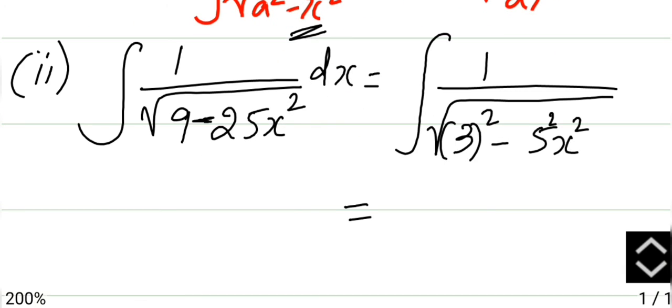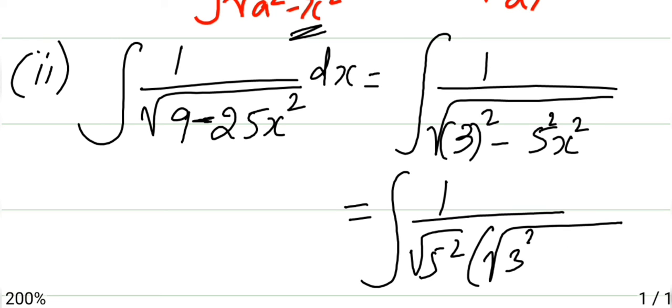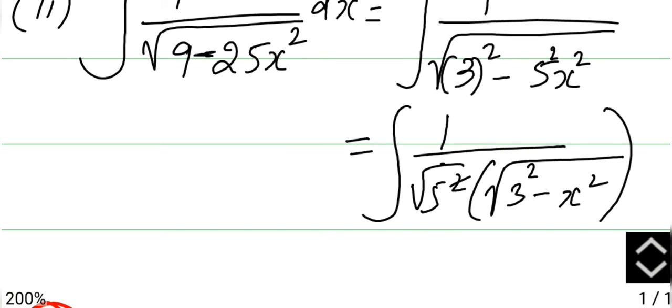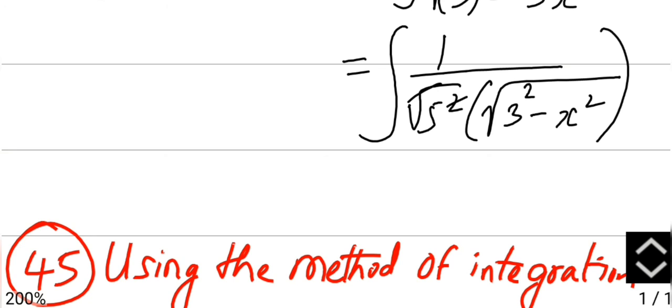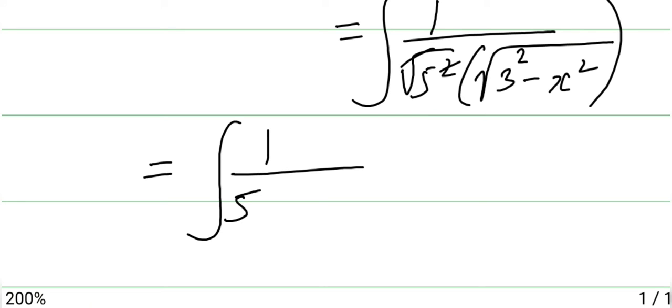So it becomes integral of 1 by, if 5 square comes out, it will become root of 5 square and then bracket 3 square minus x square. So here square and root cancel, and we get integral of 1 by 5 root of 3 square minus x square dx.